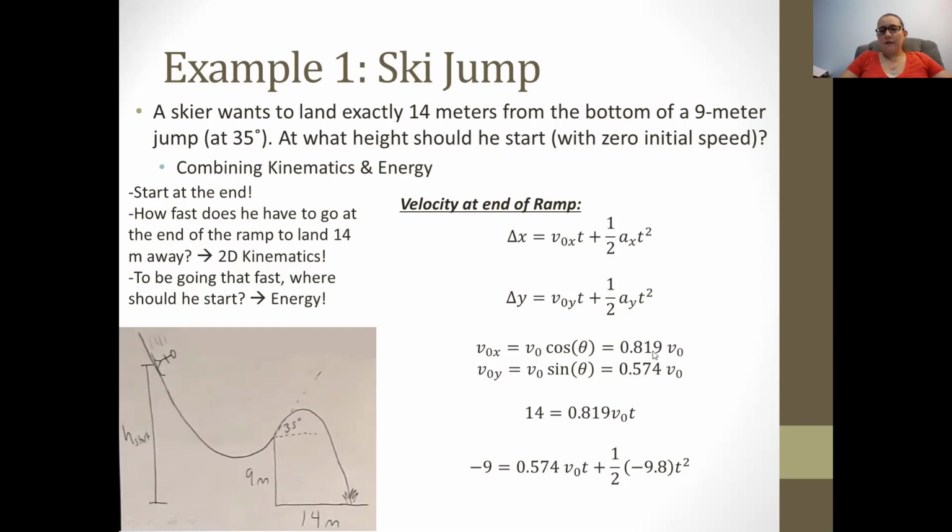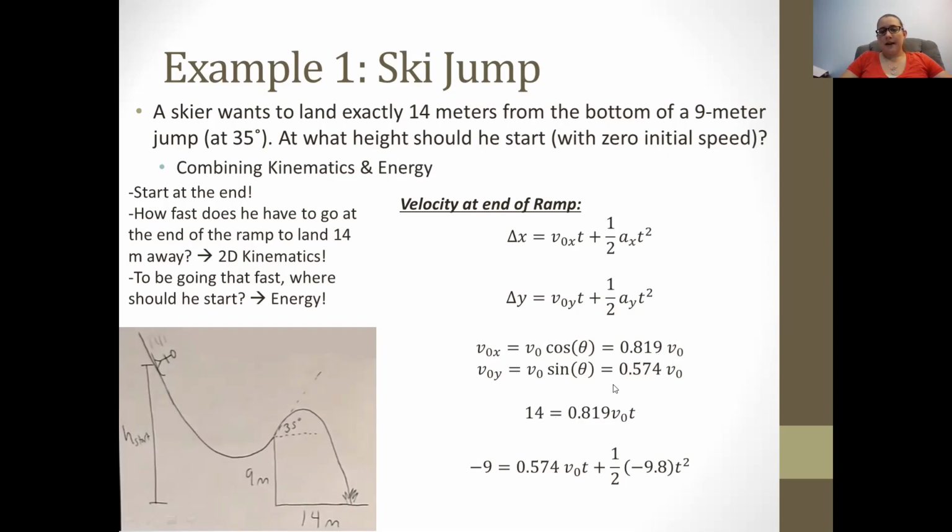So since we have those velocities, we can plug those into our kinematic equations that we have here at the top. So we know our change in x distance or position is 14 meters, right? So we put 14 in there. Our v0x, the x component of our initial velocity, we just found using the angle to be 0.819 times v0.